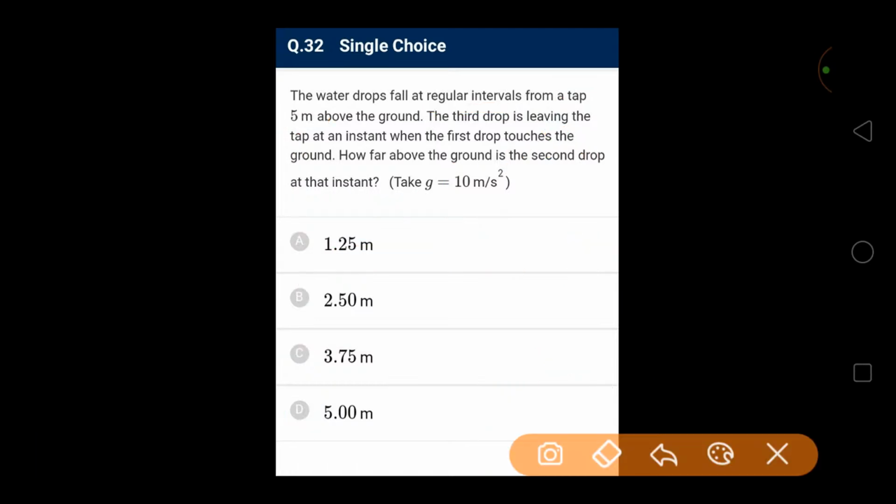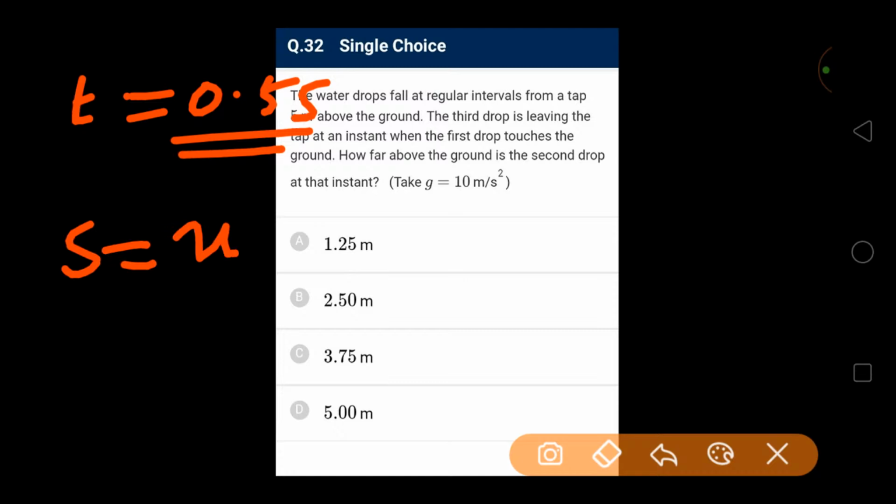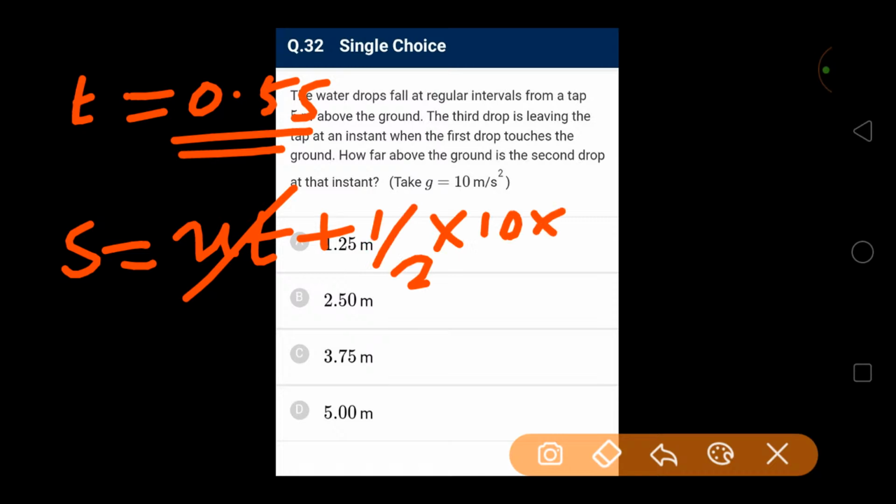Now the second drop has taken 0.5 seconds when the first drop is hitting the ground. So S is equal to ut. U is again 0. Half gt square. T square. What is t? 0.5.